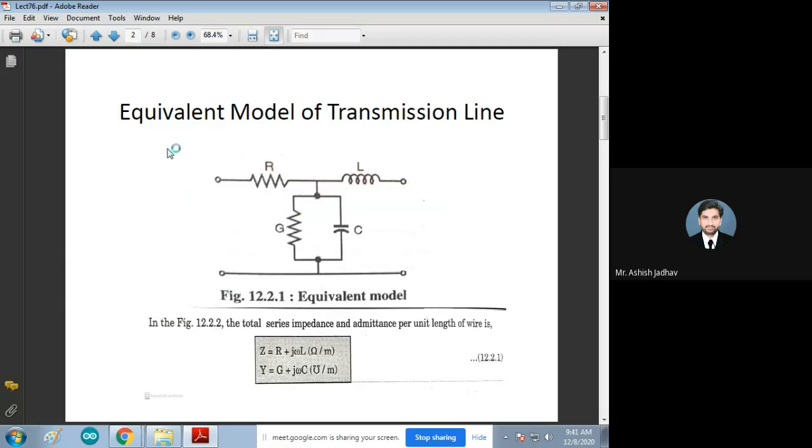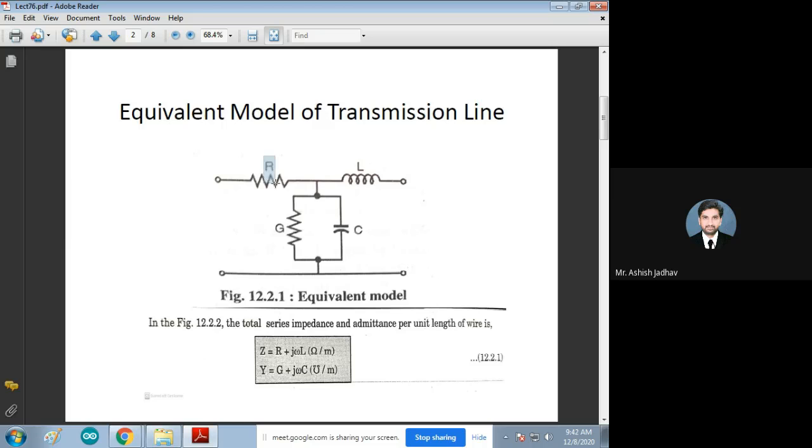Let's say the starting point is A and the end point is B. So the resistance value from point A to point B is R. That means this resistance value is distributed over the full length. Okay. That is what is called a distributed parameter or distributed resistance.